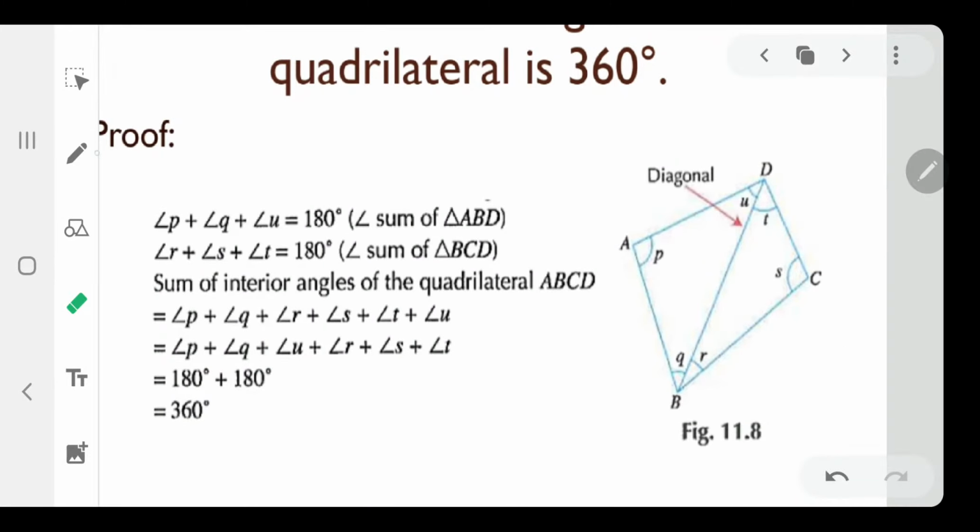So before going further, here I have drawn a diagonal which is BD. In this diagram, BD is a diagonal, which means that this quadrilateral is divided into two triangles.